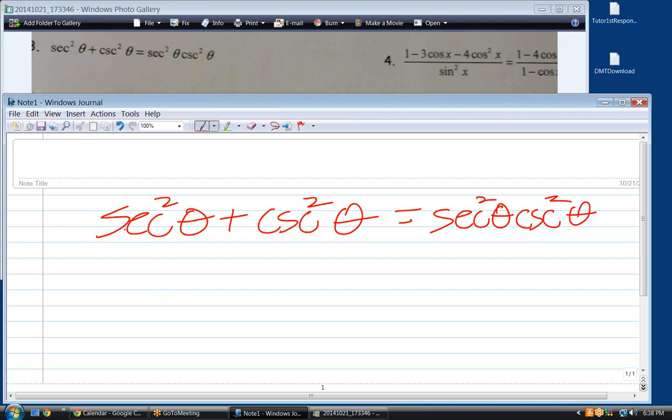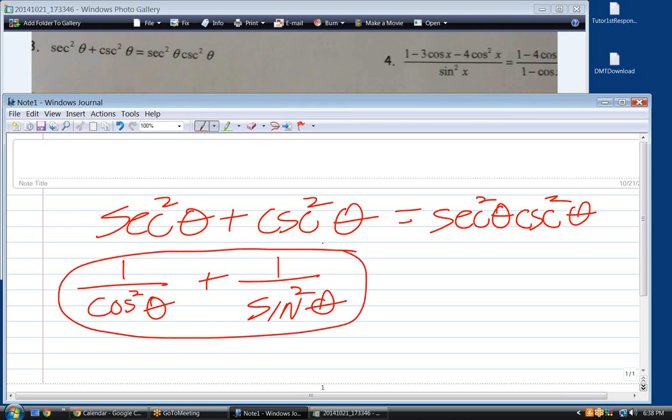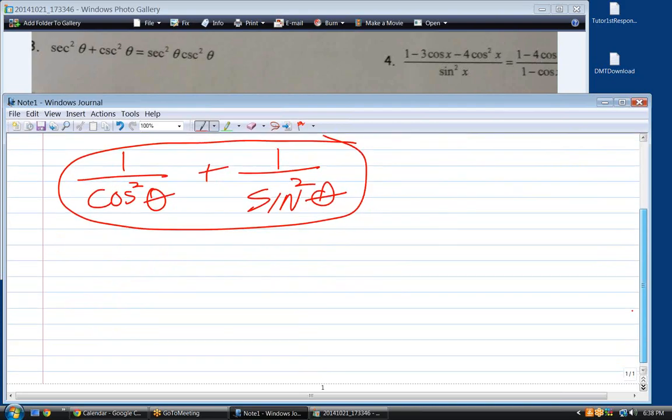So what does this term become? That becomes 1 over cosine squared theta plus 1 over sine squared theta. Now add those two together algebraically. We need to find a common denominator, which is cosine squared times sine squared.